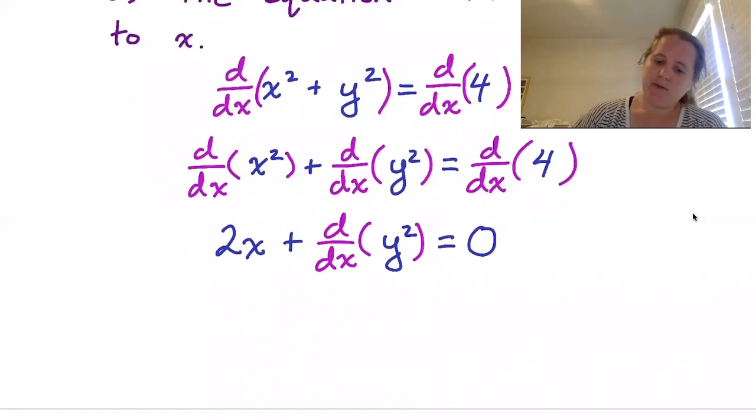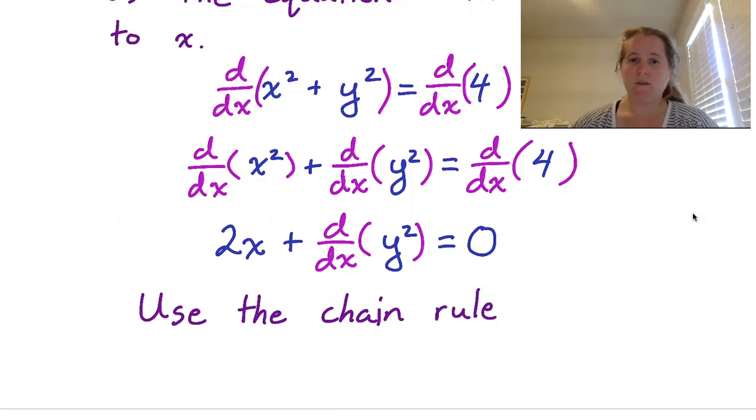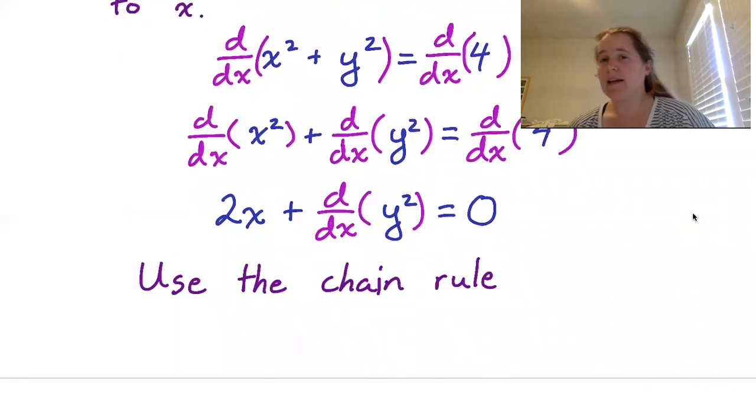So now what we will do is we will use the chain rule on the component involving y. So our y is acting like what I would usually set u to be.